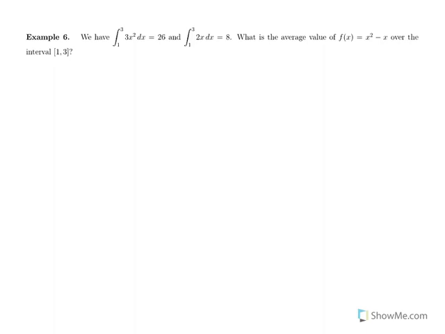So let's remember that average value of f of x over the interval 1 to 3 is going to be 1 over b minus a, 1 over 3 minus 1, times the integral from 1 to 3 of the function x squared minus x dx.